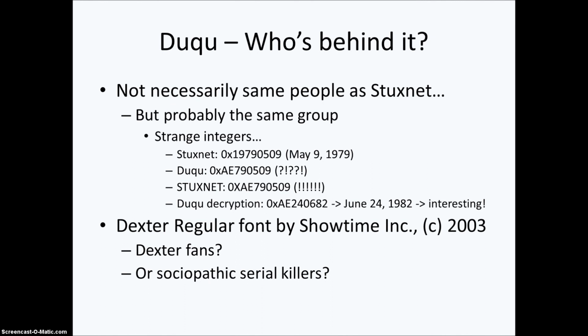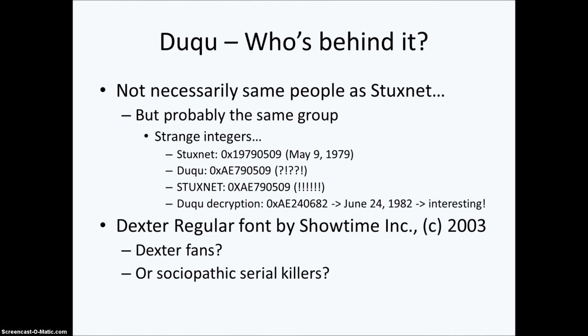It starts with hex AE instead of 19, as you can see in the slides. At first people said it's not the same, so there's no connection there. But it was later found that Stuxnet actually contains that same AE790509 variable that Duqu contains, right? So maybe that's chance, maybe not.